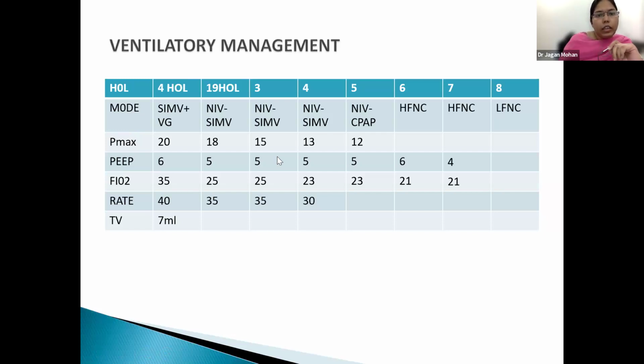After 19 hours of life, as the distress was settling, the baby was weaned to NIV SIMV mode with a Pmax of 18, PEEP of 5, FiO2 of 25 and rate of 35.